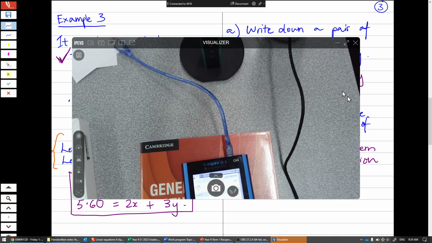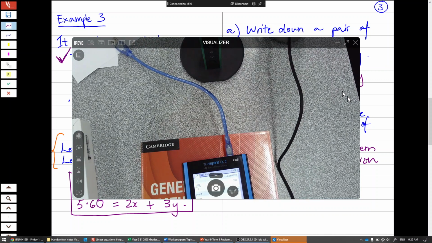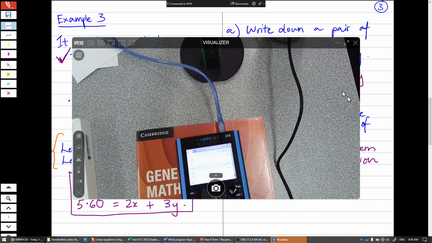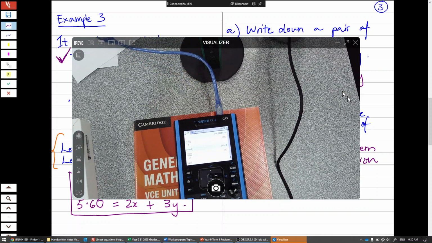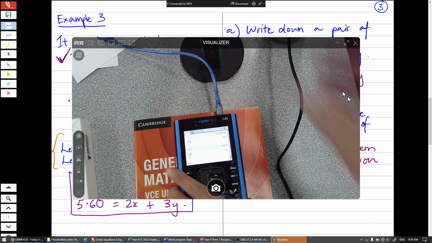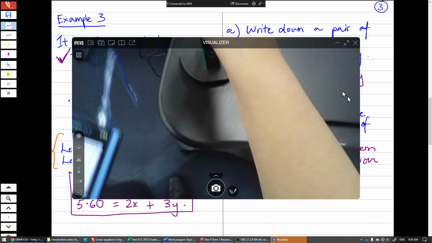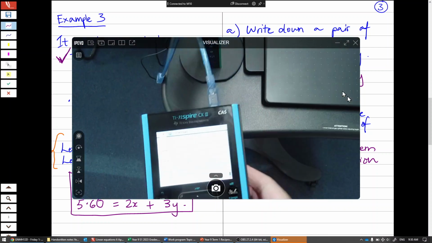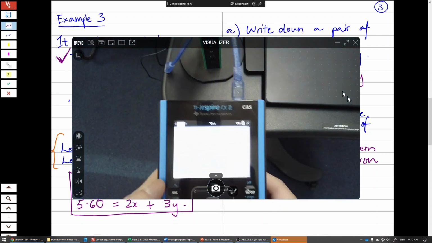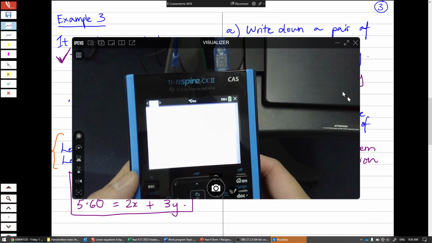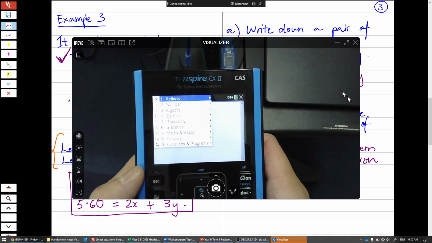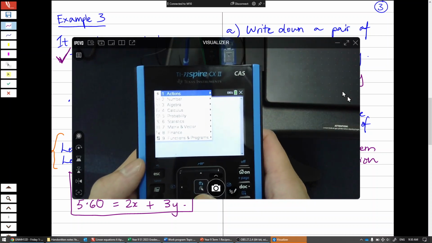I'm going to make sure that we can see. Is that too small? Hard to see though, isn't it? I'll go back to the hand. Okay, so menu, number 3, algebra.